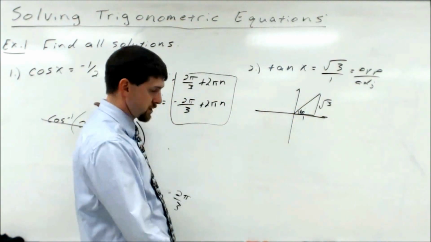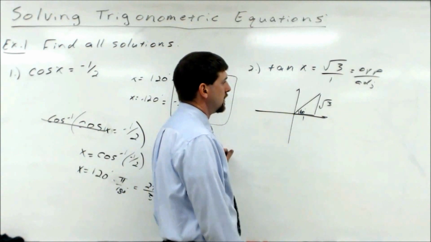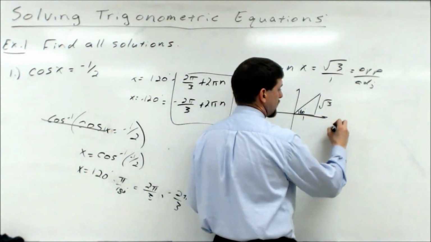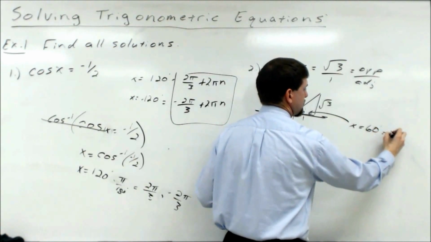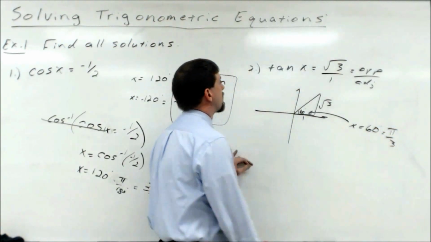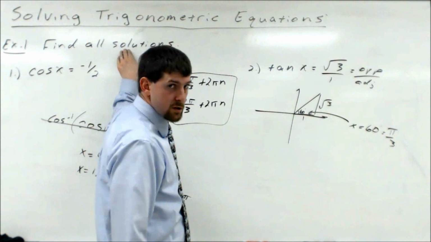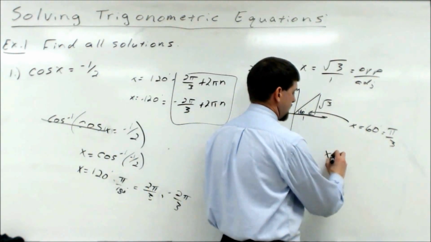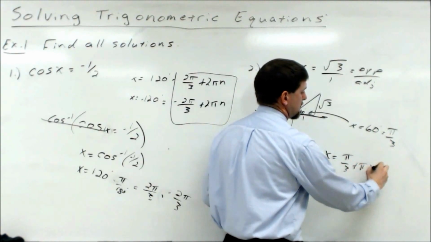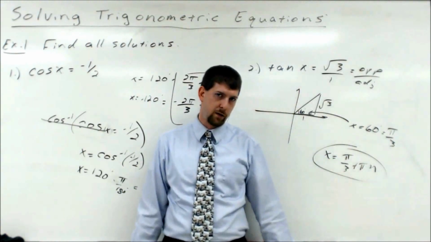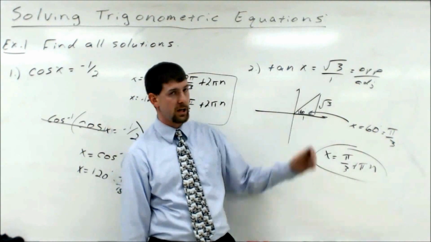So pi over 3, same triangle we just had. So there's your angle. Okay, so x equals 60 degrees, which equals pi over 3. And we want to write it for all solutions. All solutions means we bring in the plus pi n. Pi over 3 plus pi n. So there's the solution to that equation.